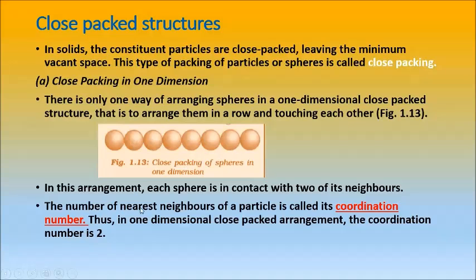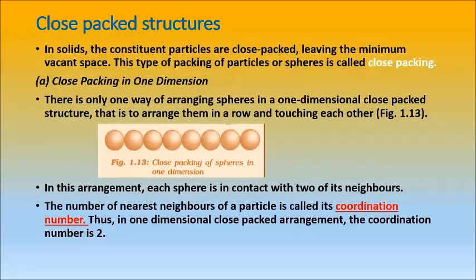The number of nearest neighbors of a particle is called its coordination number. So here a word is there which was before in coordination chemistry, coordination number and all. It's entirely different from this one. And here what does it mean? The coordination number is the nearest neighbors of the particle.